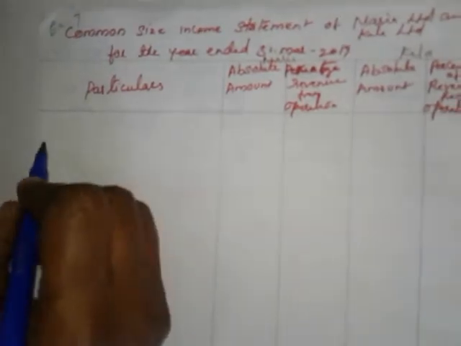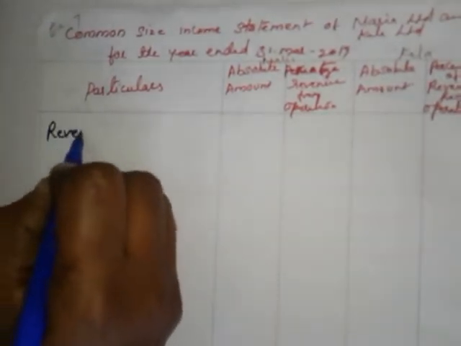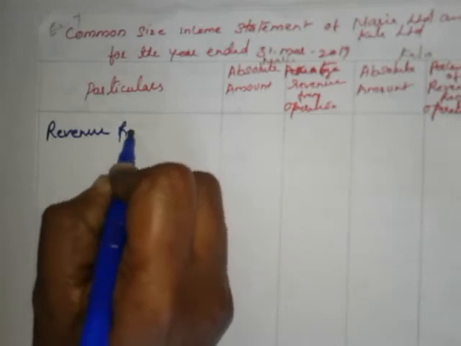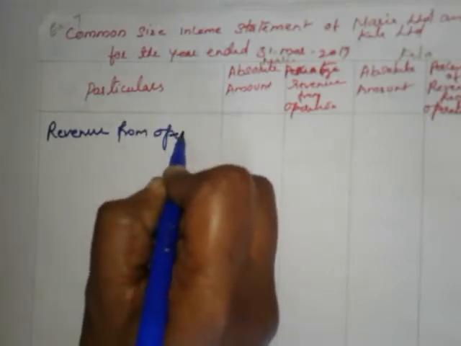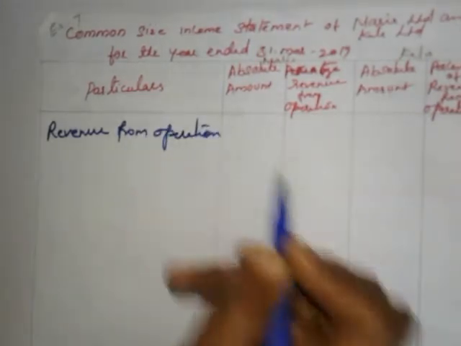Listen here. First of all, you have to write the particulars column. First you write revenue from operation.